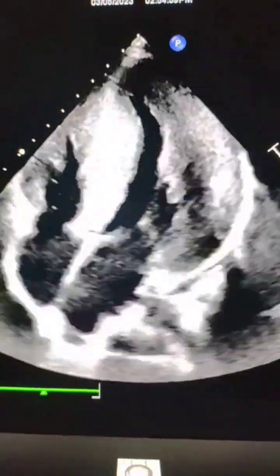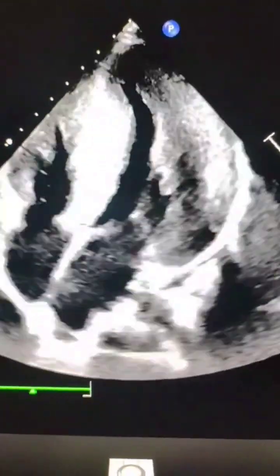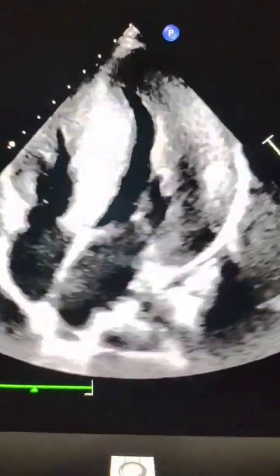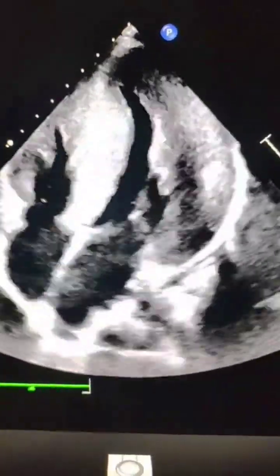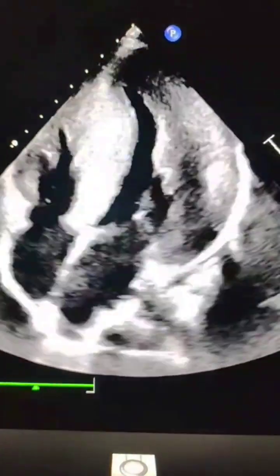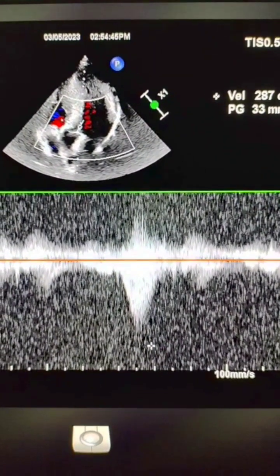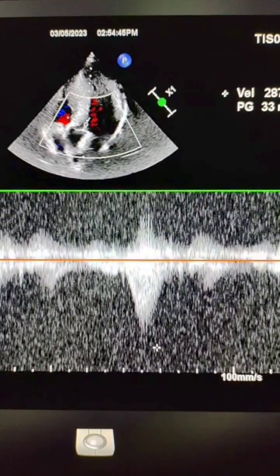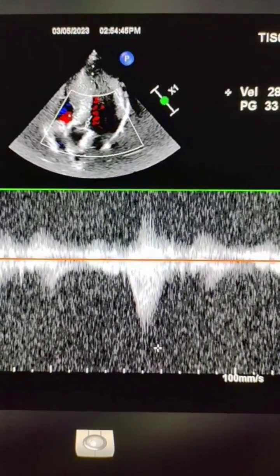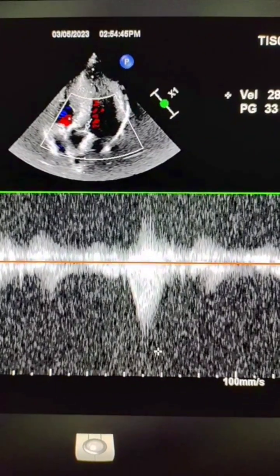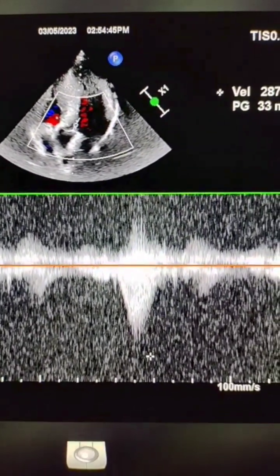It looks like this here, and it is most commonly associated with genetic variation and arrhythmia, with early onset in the patient, just like in our patient. The resting gradient is 33. More than 30 peak gradient is obstructive, and at exercise more than 50. So we are fulfilling the criteria.